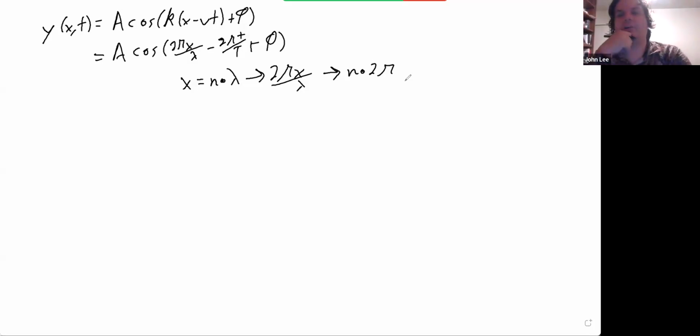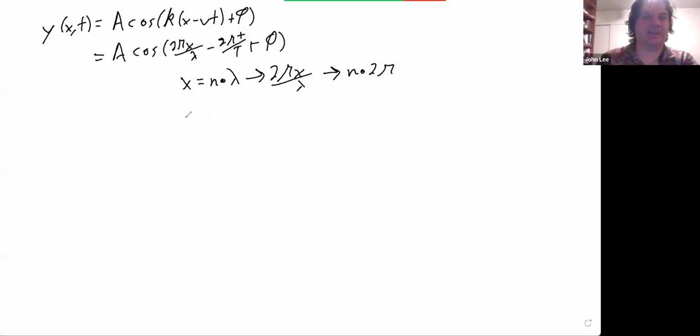So when you were going through your lab last week, you saw sine wave versus time, and you saw that every period, which is similar to a wavelength but for time, there was a peak that was a constant distance away from each other.